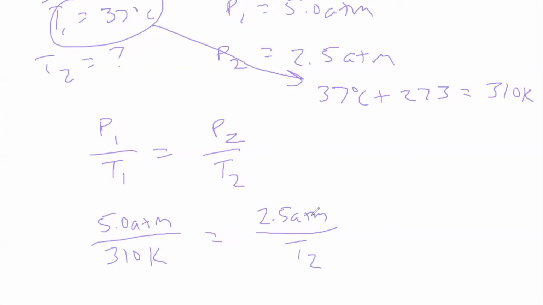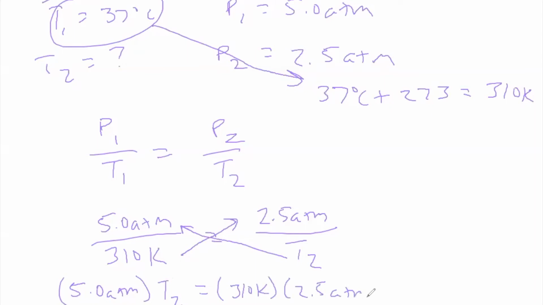And the best thing to do at this point would be to cross multiply. So we would have 5 atmospheres times T2 equals 310 Kelvin times 2.5 atmospheres.